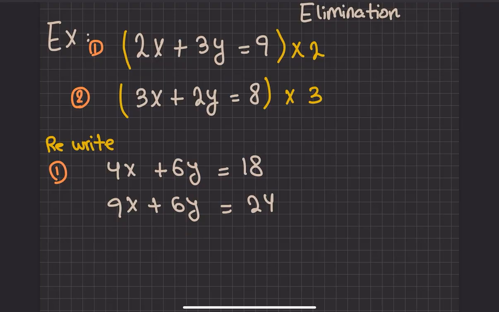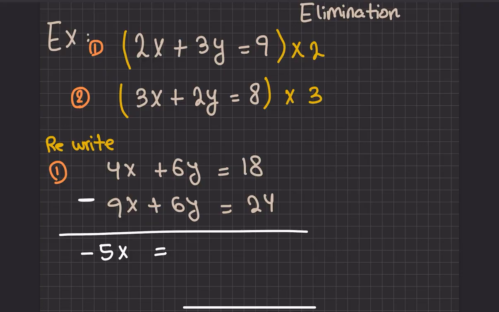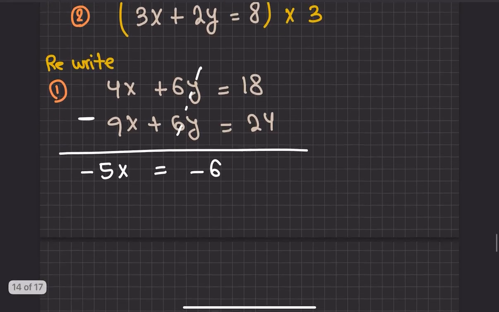So it's going to be minus. 4x minus 9x is negative 5x, equals, 6y minus 6y is 0, it cancels out each other, 18 minus 24 is negative 6.